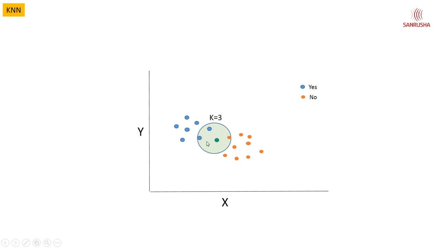And then majority leads the decision. In this case, there are 2 points on the yes side, 1 point on the no side. So this point will become yes. That means that customer you are analyzing, he is going to purchase your product. That would be the prediction.